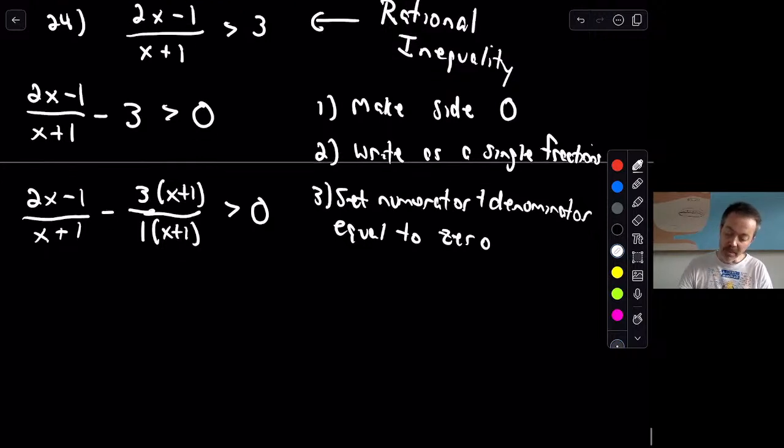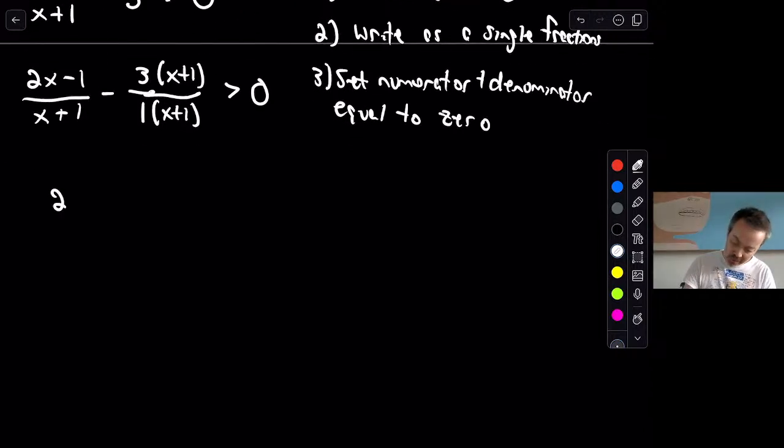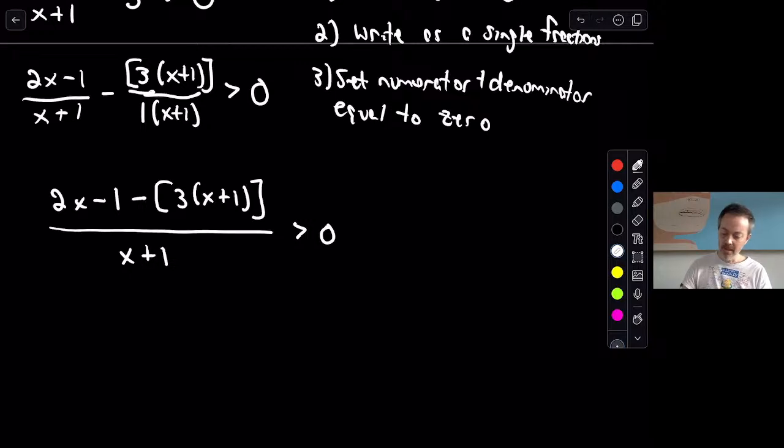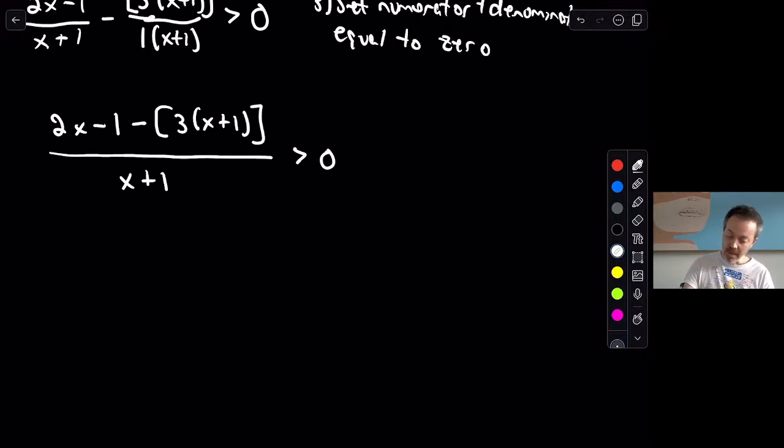So now I've got 2x minus 1 minus, you can think about that as being in brackets if you want to, minus 3 times x plus 1. I'm just trying to make sure that I do the numerator arithmetic correctly. So now I'm just going to simplify. If we distribute, we would get a positive 3x, but then that negative would make it into a negative 3x.